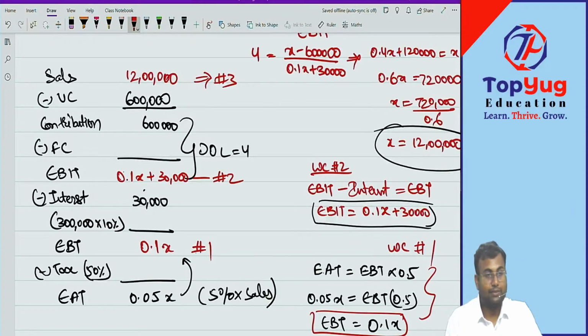Only 6 lakhs. Then EBIT, substitute here 12 lakhs.